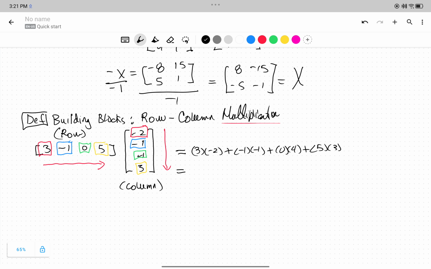So you add your answers. Well, this is a -6 plus negative a negative is a +1 plus that's a 0 plus that's a 15. So what do we end up getting? You end up getting a 10.